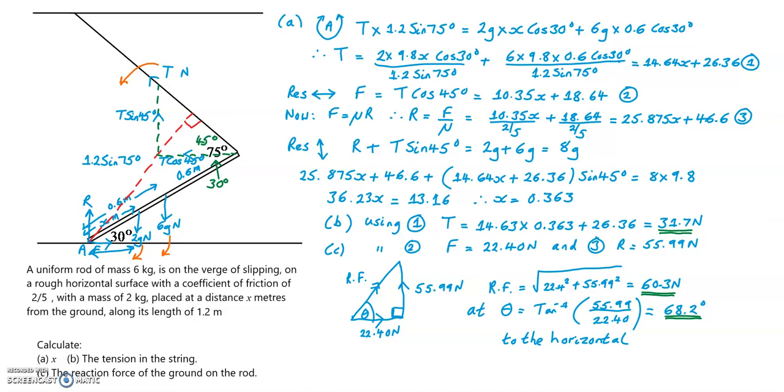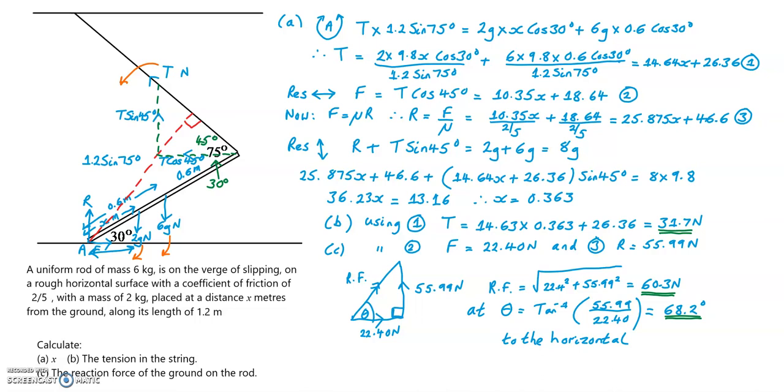Now resolving horizontally, the horizontal force acting to the right is F, the frictional force, and that must be balanced by the horizontal component of the tension acting horizontally to the left, which is T cos 45. So multiplying the right hand side of equation 1 by cos 45 gives the frictional force in terms of x as 10.35x plus 18.64, and I've denoted that as equation 2.